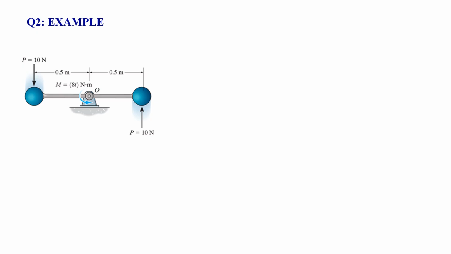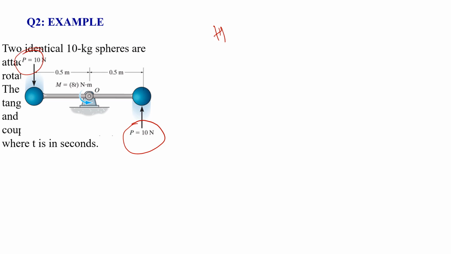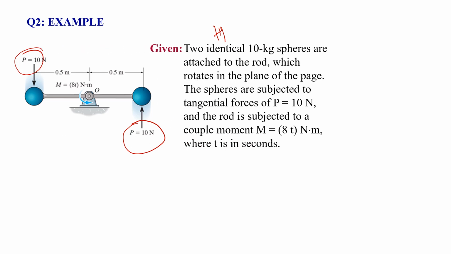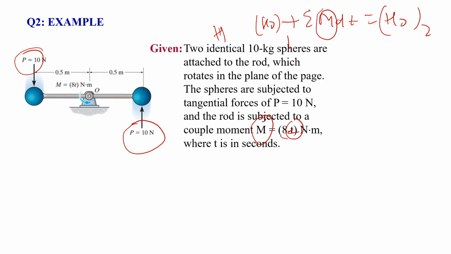Again, here the force of 10 Newton is applied here and here, and in this problem the moment is a function of time. So the summation of the integral of M dt plus HO1 equals HO2. Since this is a function of t, you need to integrate it with respect to dt.